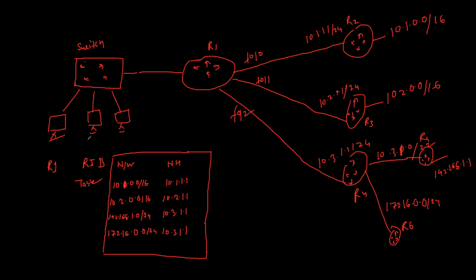Let's say this PC wants to send traffic over here. The traffic goes to R1. What is R1 going to do? R1 is going to check its RIB table. It finds that on the RIB table, if it wants to go to this network, the next hop is 10.1.1.1. For this 10.1.1.1, R1 doesn't know whether it is connected to F0/0, F0/1, or F0/2.